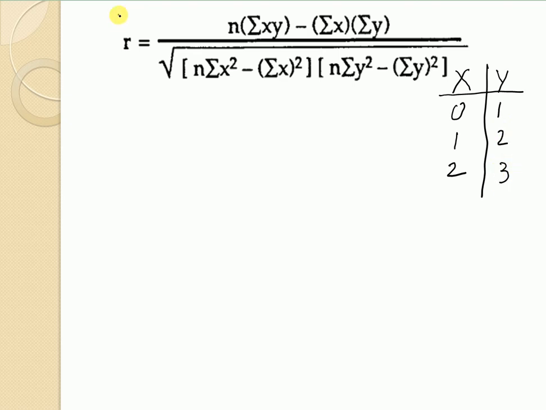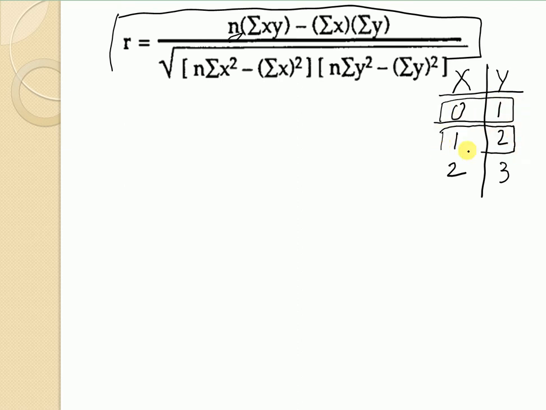In the formula, n represents the number of pairs of values. So this is 1 pair, 2 pairs, 3 pairs. So n equals 3.